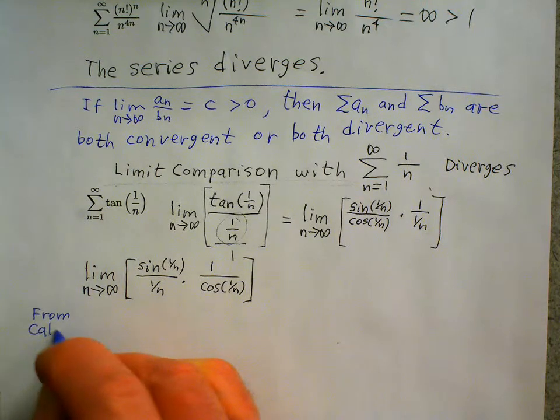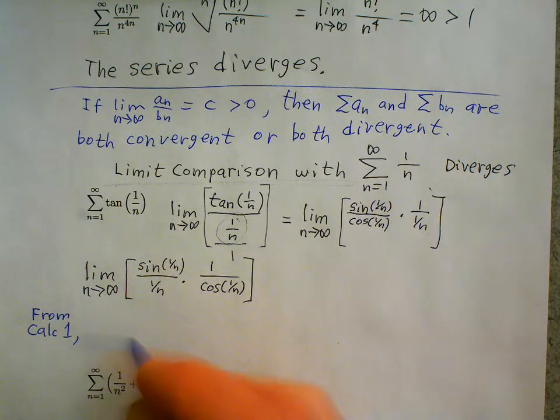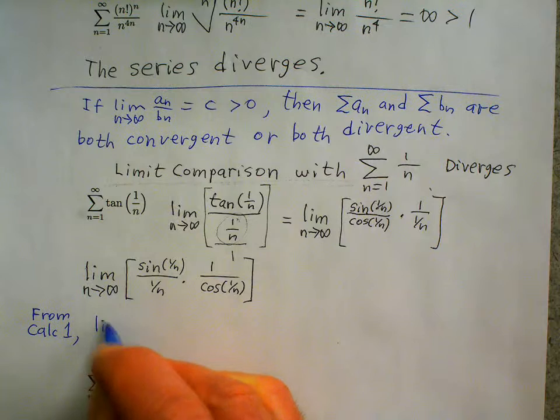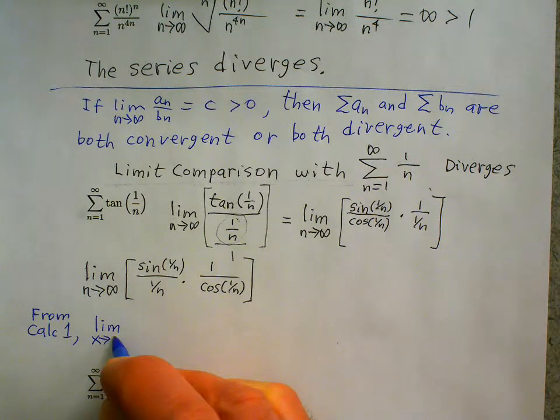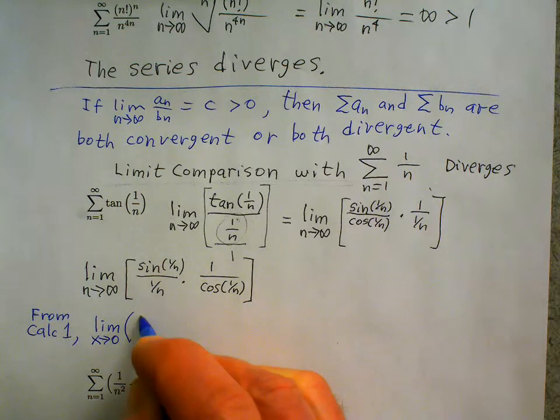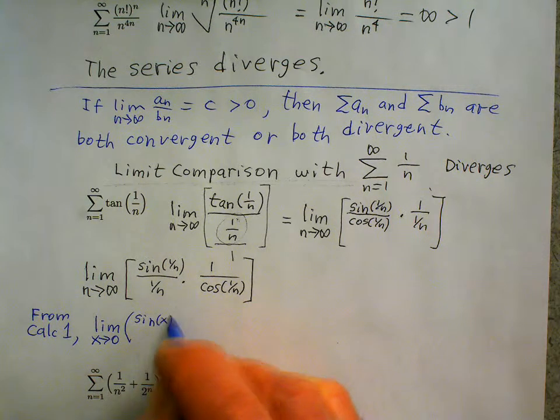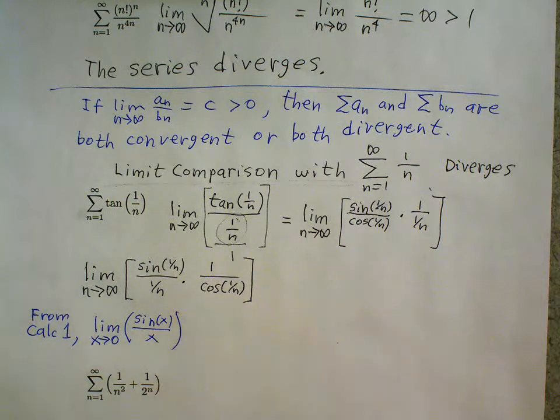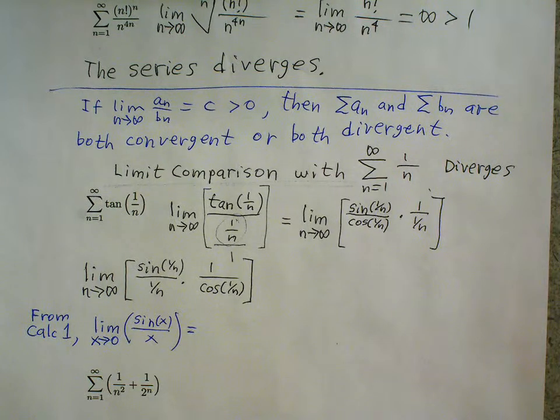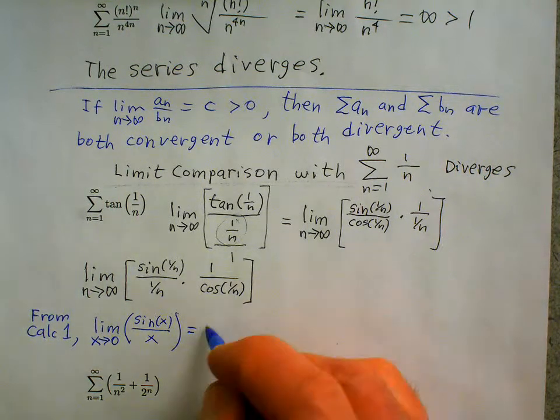I'll use the variable x here. The limit as x approaches 0 of sine of x divided by x. Do you remember what that limit is equal to? It's equal to 1.